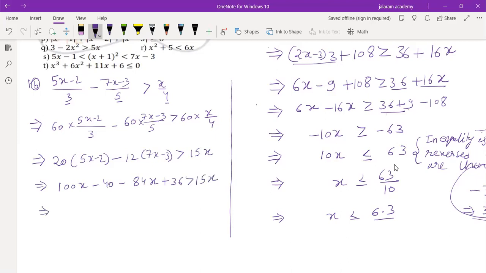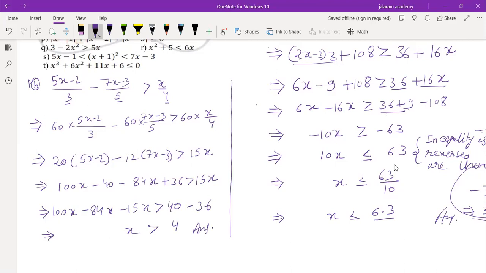Now transfer all the terms of x to the same side. 100x minus 84x minus 15x is greater than minus 40 is transferred to this side becomes plus 40, and 36 is transferred to this side becomes minus 36. So x is greater than 4 is the correct answer. Is that clear to you, everyone?